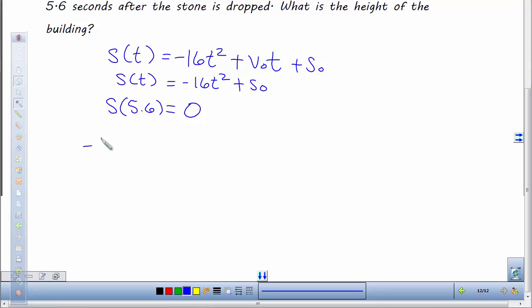Okay, so I'm going to do negative 16 times 5.6 squared plus S naught equals 0. Okay, S of 5.6 is right here, and then we want that to be equal to 0. Okay, so I think it's pretty straightforward from there.